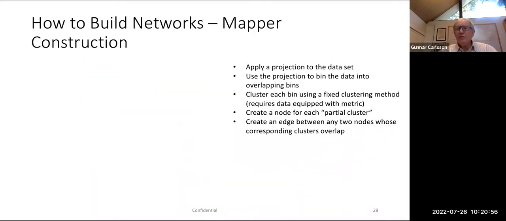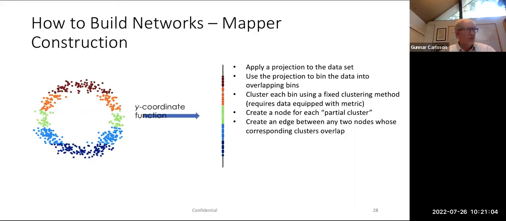So what I want to do now is something similar for all data sets, that can work for any kind of data. And so what we will say here is first that we will assume that we have a data set. So you can see over there, I've taken a very simple loopy data set, and we have a projection of that onto the real line, or frankly onto the plane, or even onto space.